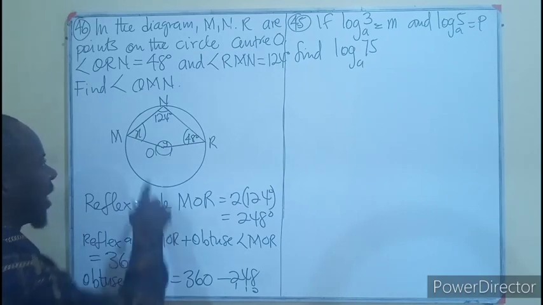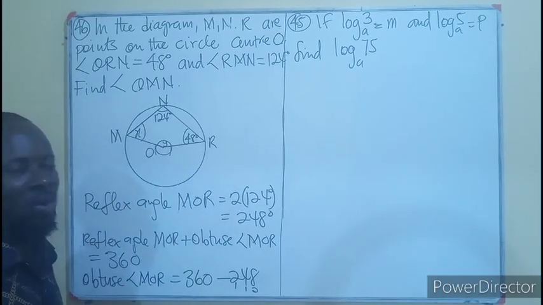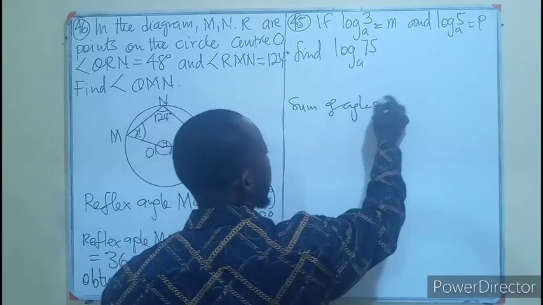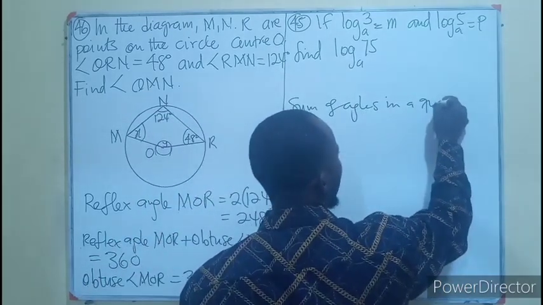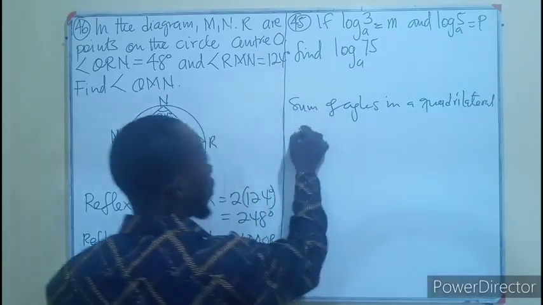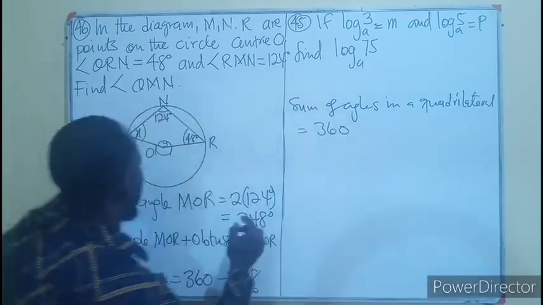We are also aware that the sum of angles in a quadrilateral equals 360.